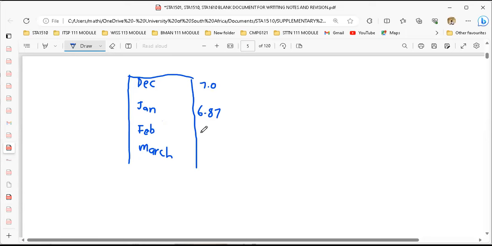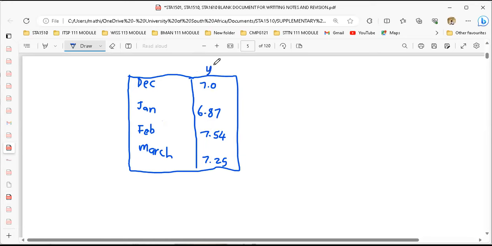Okay, 7.54, and then 7.25. So this is our table. To make it easy, let's do it like this. And then, all right, this is our table.